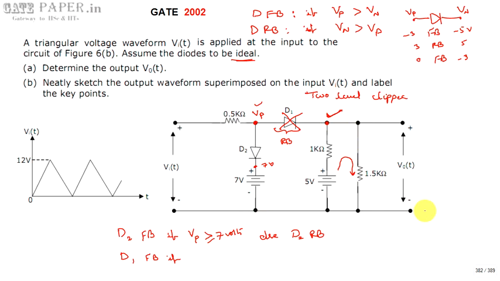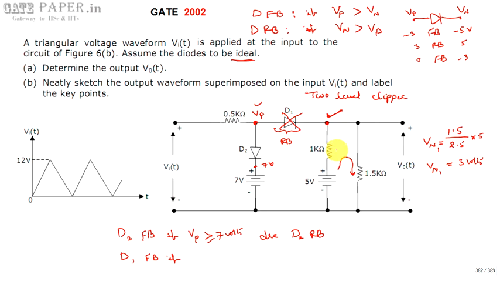So the voltage on the N side of diode 1, Vn1, equals 1.5 kilo ohms divided by the total resistance, 1.5 plus 1, that is 2.5, times 5, which equals 3 volts.